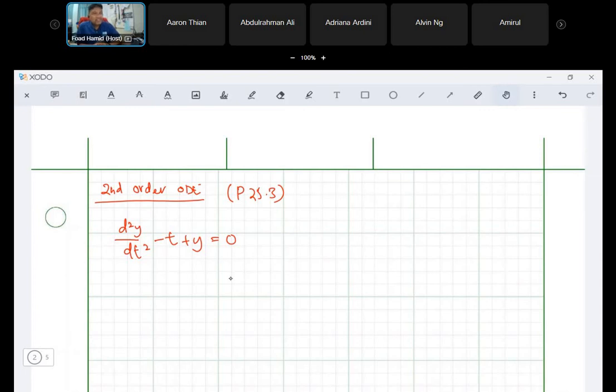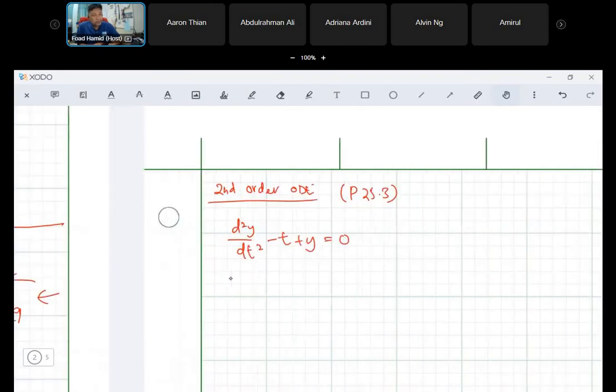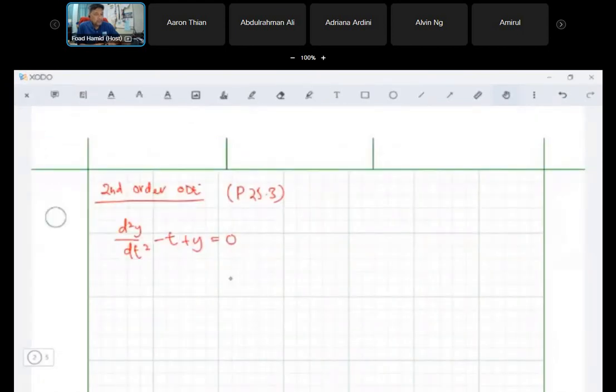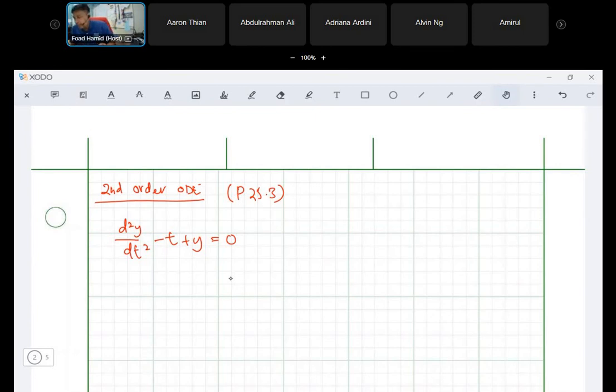We know that we can solve two first order ODEs simultaneously. But can we use that approach to solve a second order ODE? Note that this is a second order ODE which requires two conditions, two initial conditions in this case. So what are the two initial conditions in this problem?